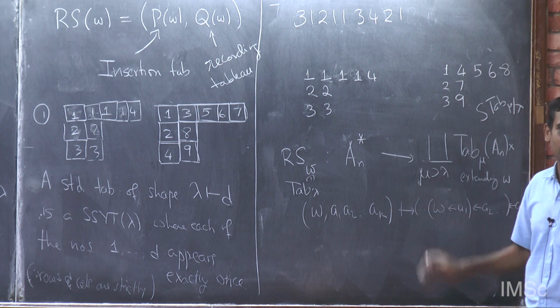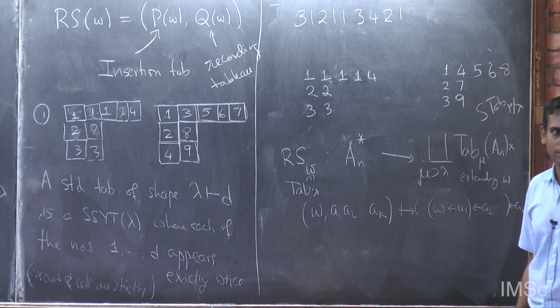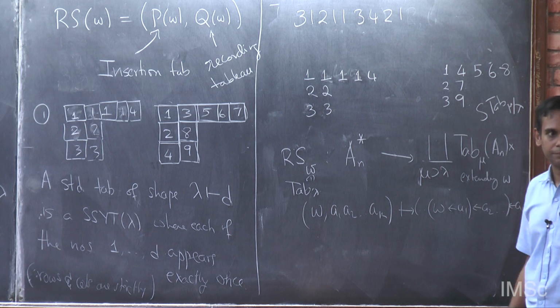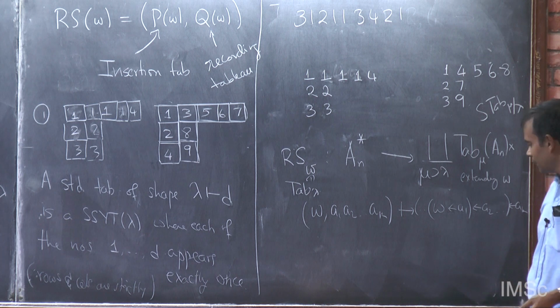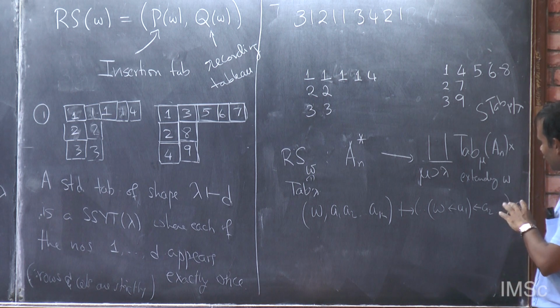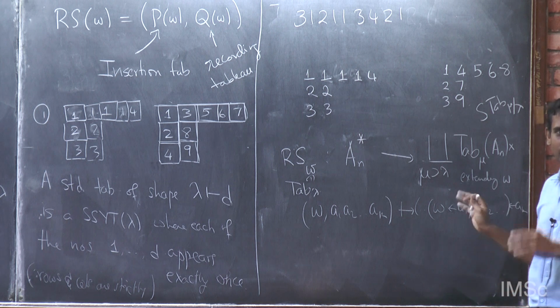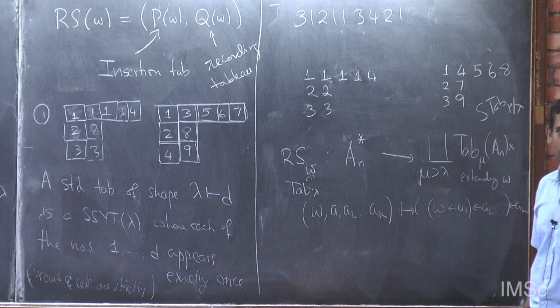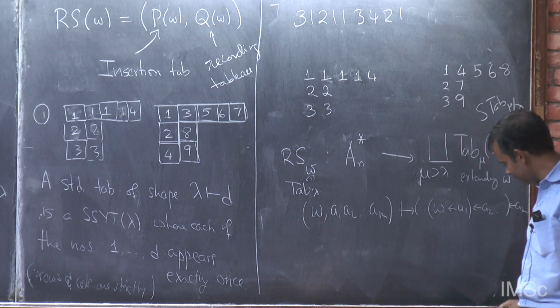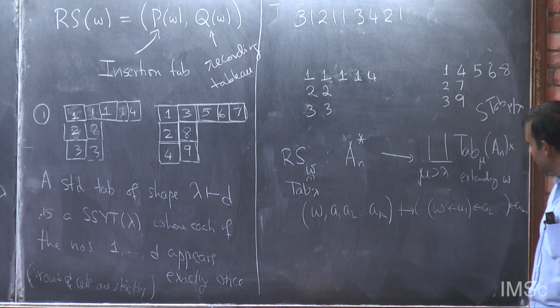We will maybe come back to that later. I am not completely sure, because if the condition of extending W was not there, then these would be semi-standard skew tableau.